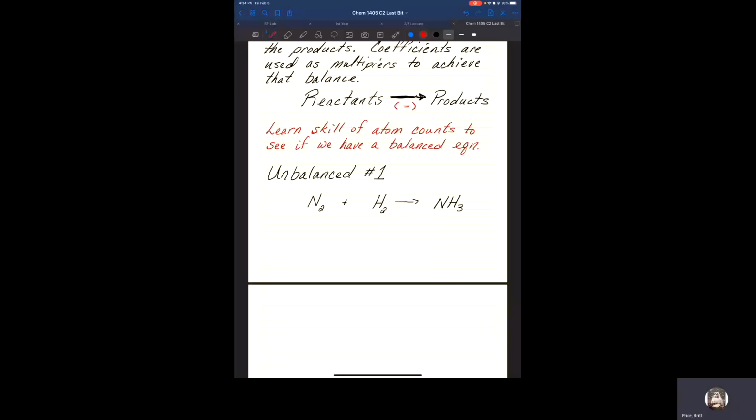When we have something that is unbalanced, we have unequal amounts of the various types of atoms. Eventually, our goal is going to be to make them equal.